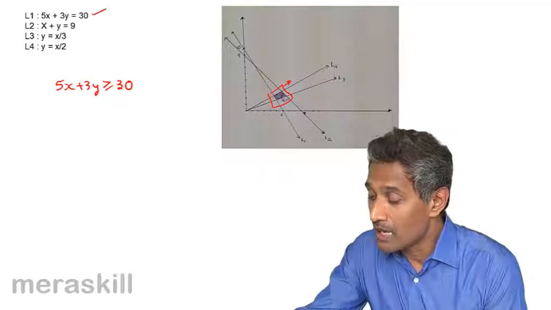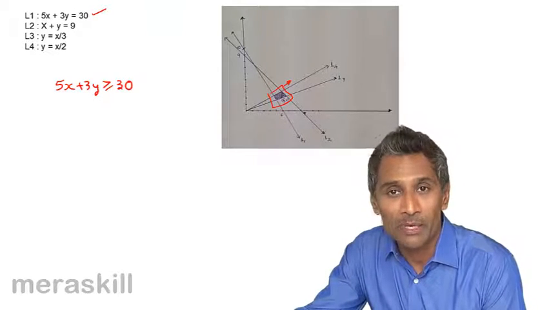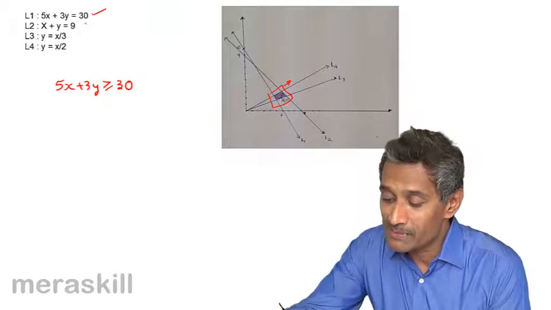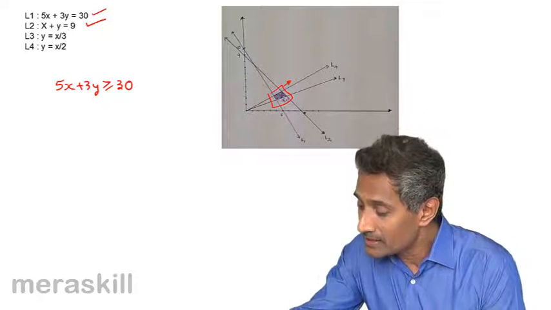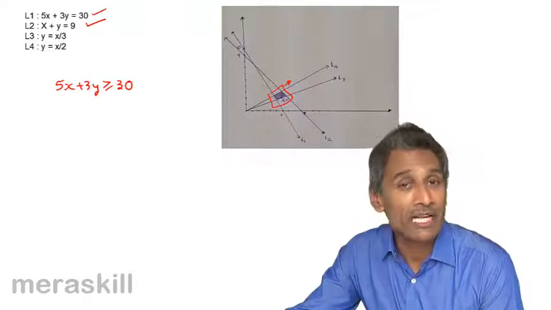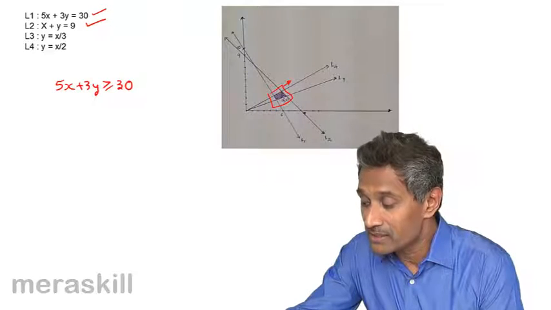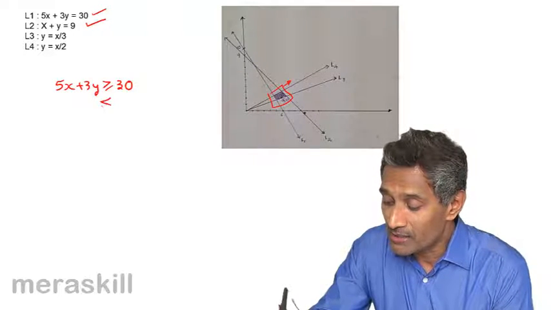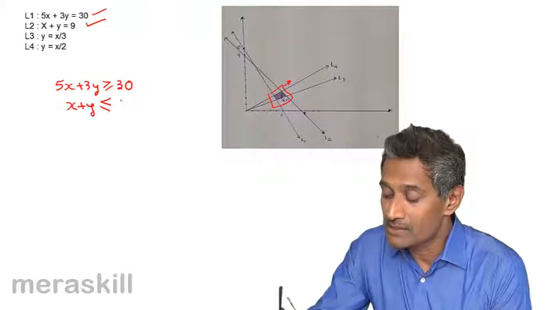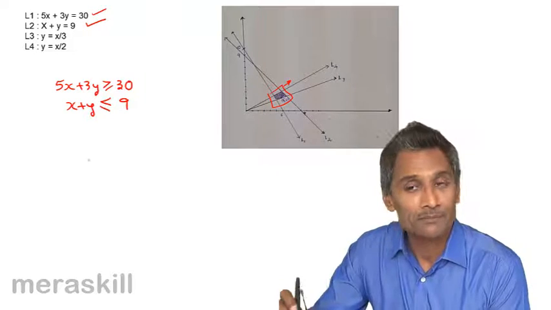This is just one part of the whole thing. Let's consider the line L2, x + y = 9. This region is on the origin side of that line. That means it is going closer to the origin, so it has to be in the less than region. So it's going to be x + y is less than or equal to 9.